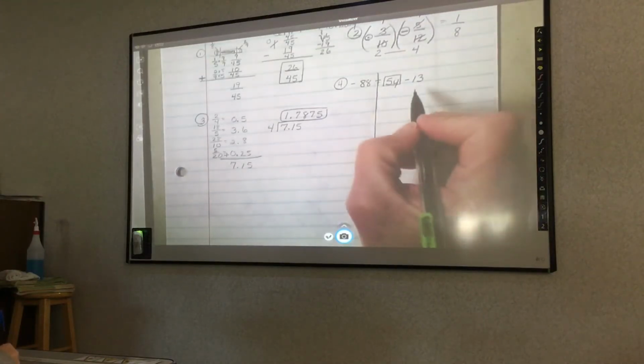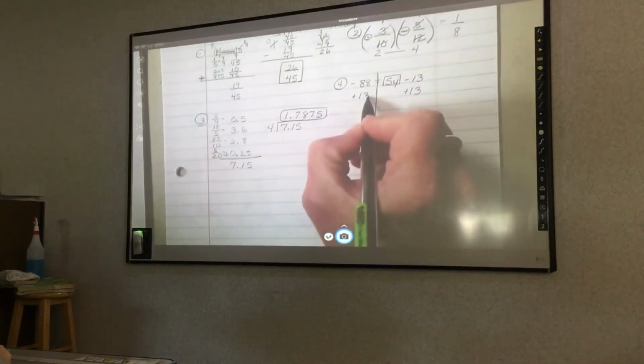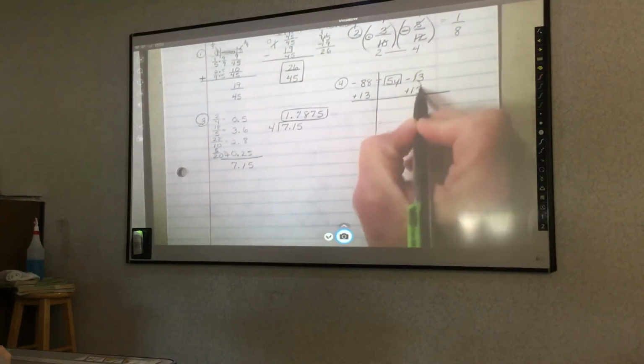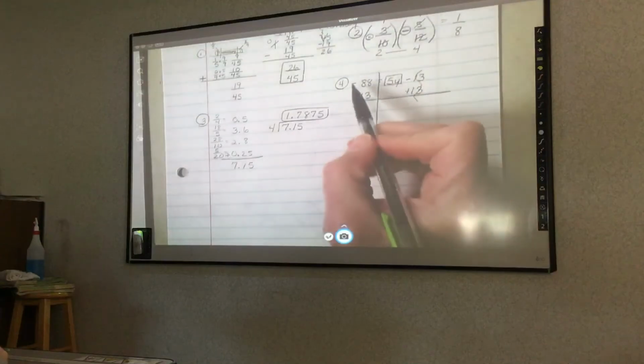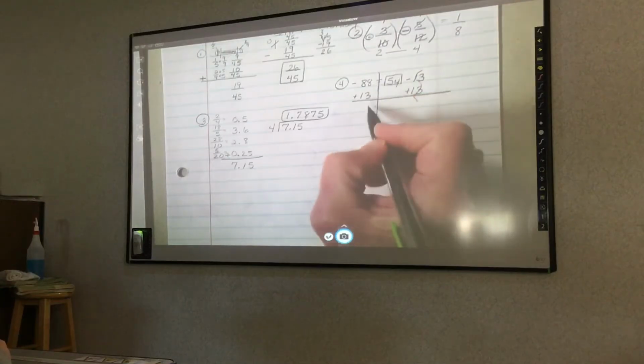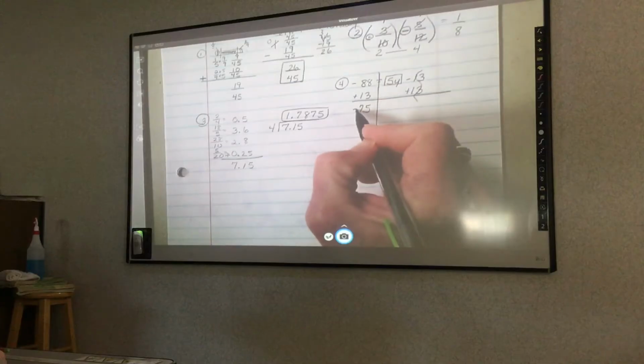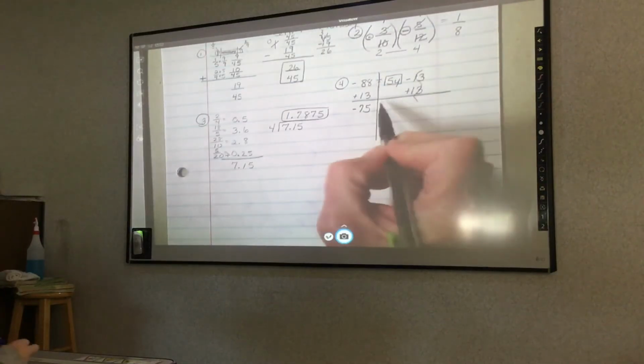Add 13 to both sides. They cancel each other out. One's negative and one is positive, so I'm going to subtract. 8 minus 3 is 5. 8 minus 1 is 7. Keep that negative sign because the bigger number is negative.